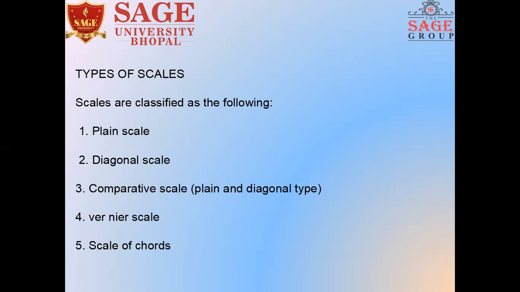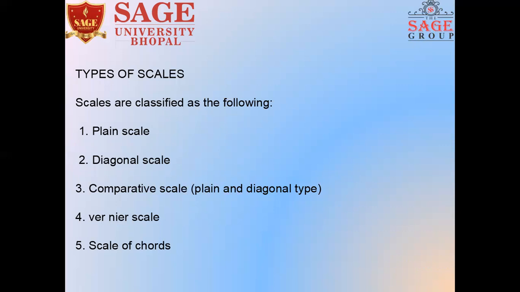we will learn how many types of scale are available in engineering drawing, because in the previous lecture we read what is the size of the object. So we know the size of the scale is full size scale, reducing size scale, enlarging scale. In this lecture we will learn types of scale.